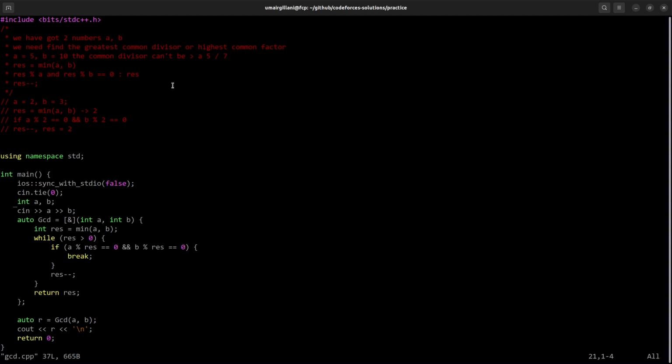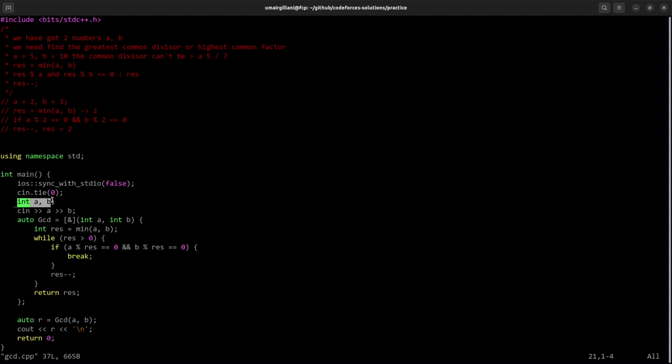If it does, we simply return the number, and if it doesn't, we keep on decrementing this number until it is equal to 1, or in general, while it is greater than 0. Because we know that 1 divides all the numbers. So in case we don't find any number greater than 1 that divides both the numbers, the answer is going to be 1. So let's look into the code now.